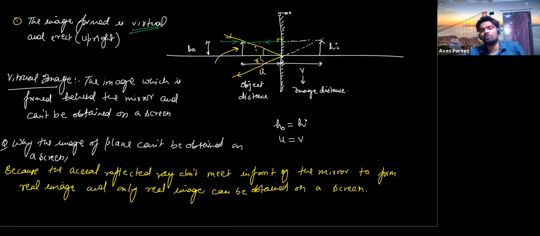So the image is not real. The image is forming behind the mirror, but actually behind the mirror there is nothing. When I check, behind the mirror is nothing. So that's why we consider it a virtual image.